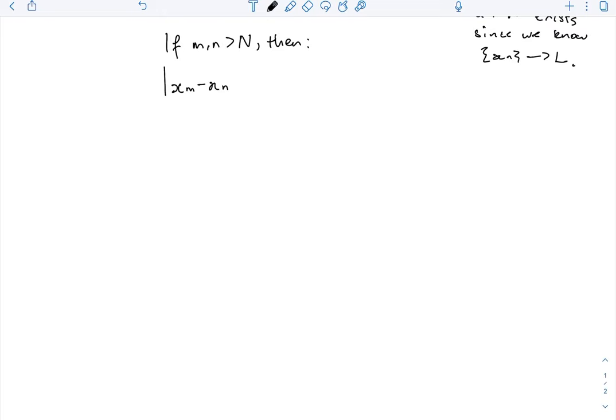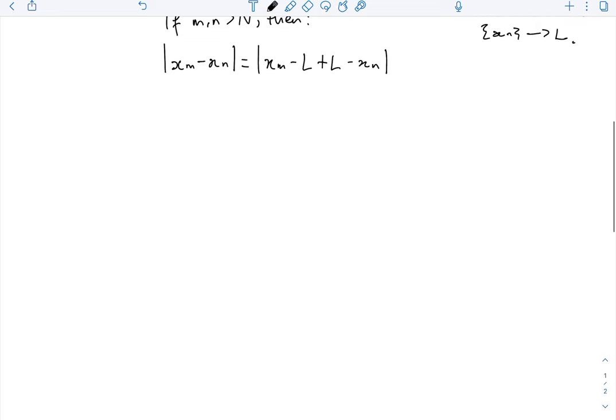We want to take the absolute value of the difference of two points in the sequence, the points xm and xn, and manipulate this. We'll subtract and add the limit that the sequence converges to, and we'll see why this works in this proof. Next I'm going to employ the triangle inequality.